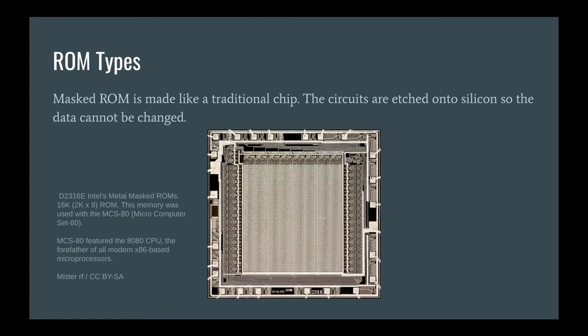So this particular picture shows one of Intel's original metal masked ROMs. This was used with the 8080 CPU, if you remember from our CPU discussion, and this was the read-only memory that was provided with the 8080 CPU.